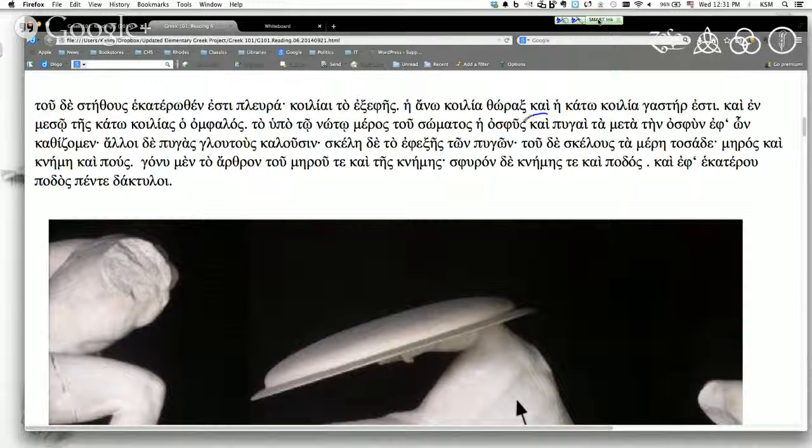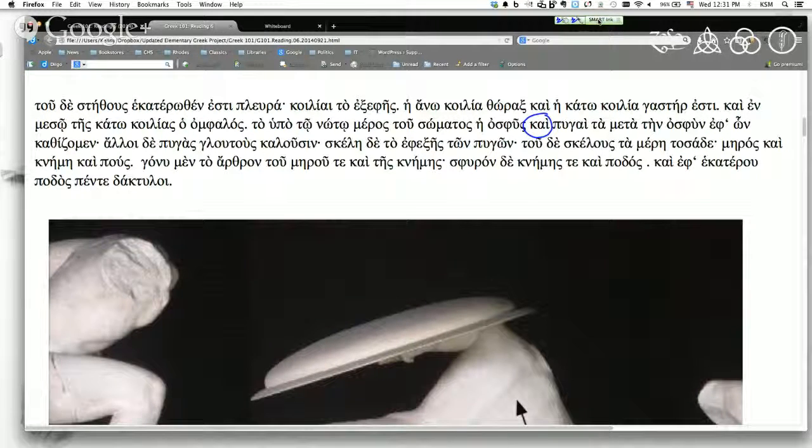We're going to look at essentially two things here that are combined by the word kai. We've got this part, and we've got this part. So let's do this first part. The part of the body, hupo toi notoi, below. The parts of the body below the back are the loins. Hai osphus, the loin.